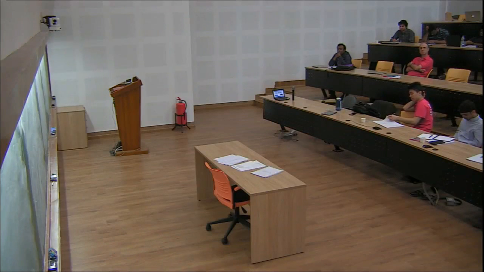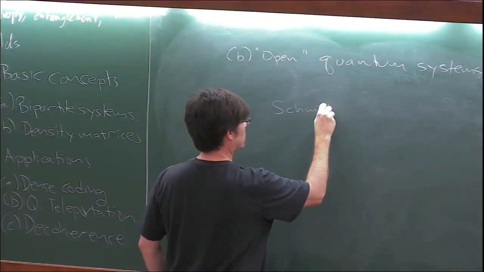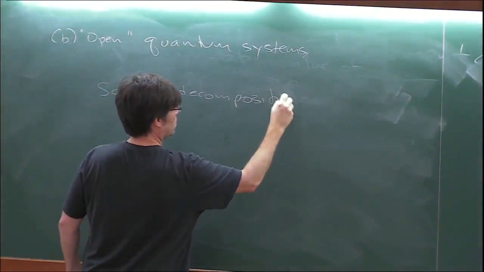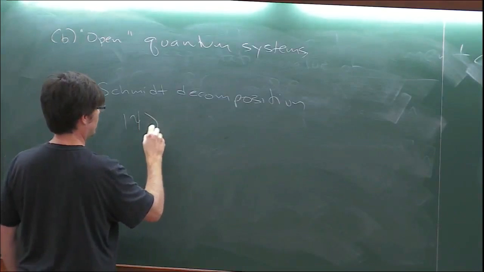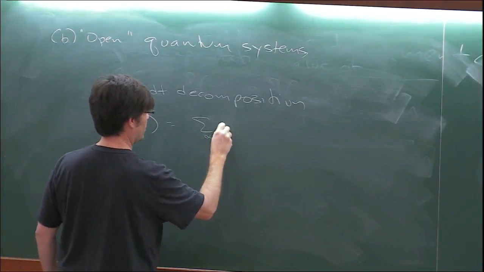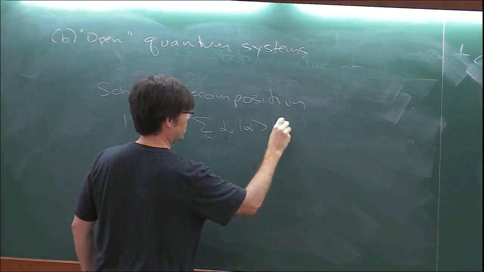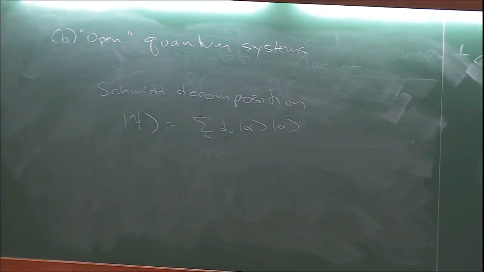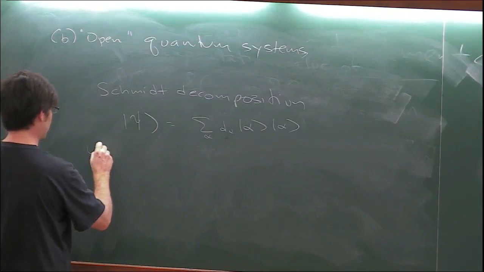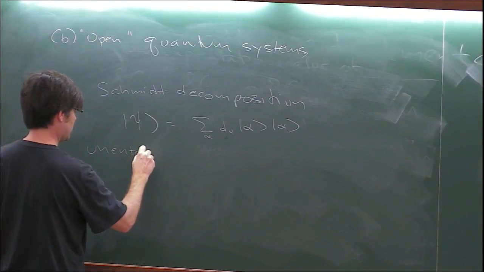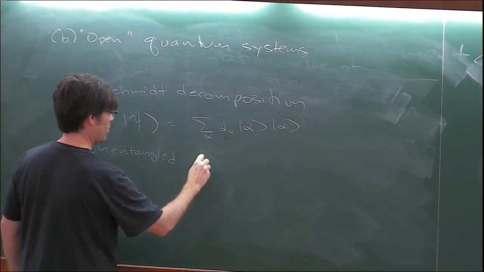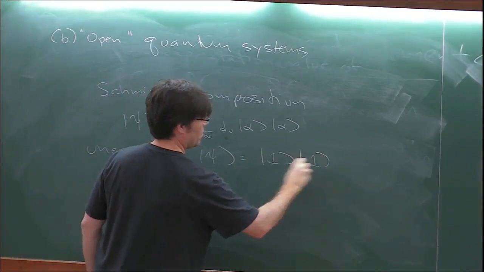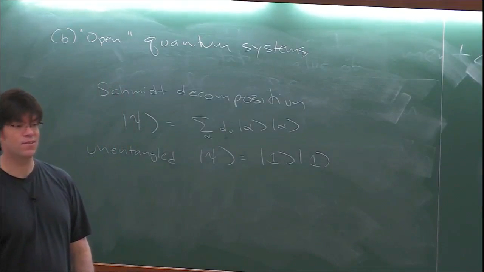Remember, I can use the Schmidt decomposition to write psi as the sum on some alpha of d alpha, alpha, alpha. And if the state is unentangled, I can write psi, by choice of labeling basis, as this.